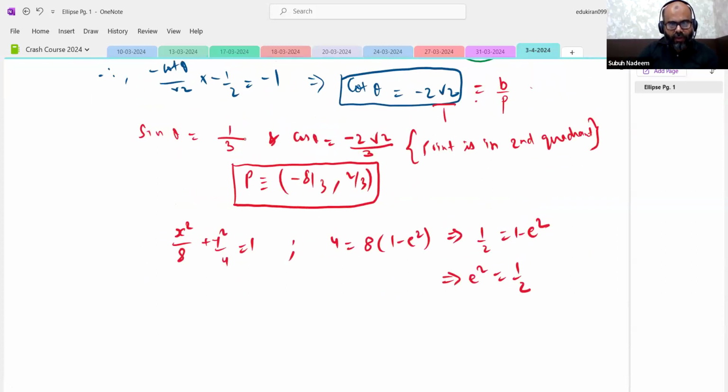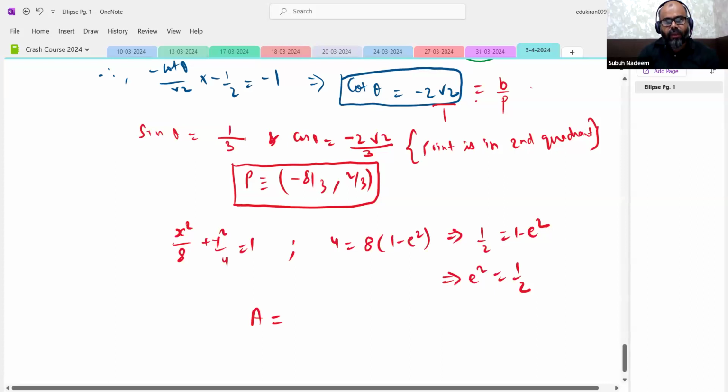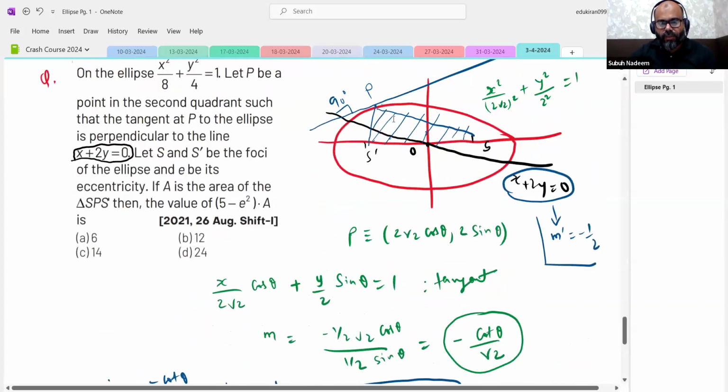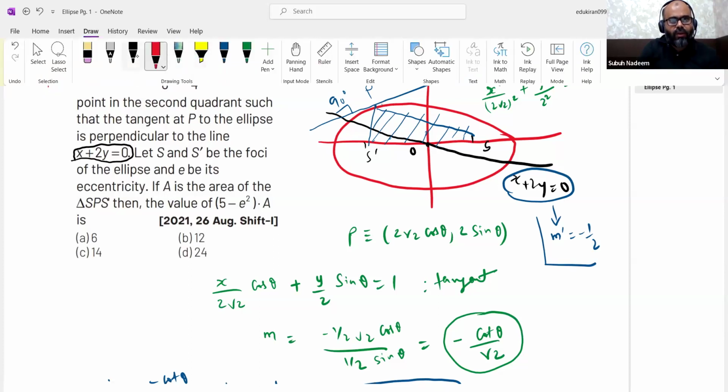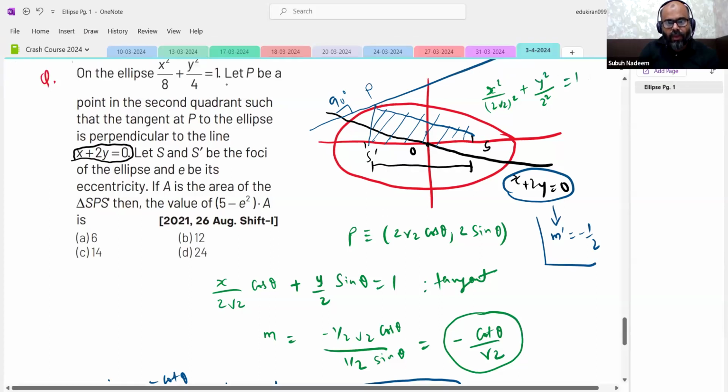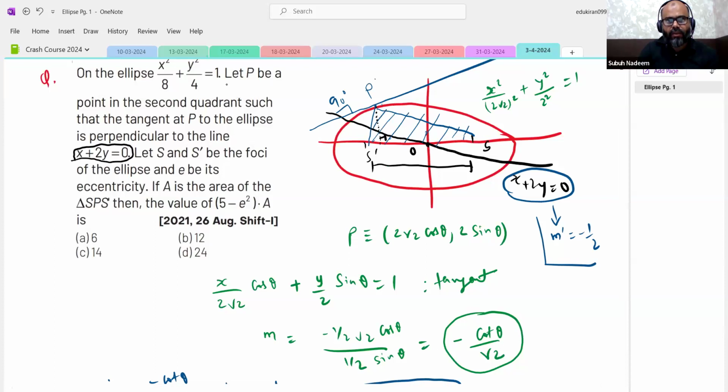So area of the triangle. Area of the triangle would be this triangle SPS dash. So half into base into height. Now the easy way to do this is, as you can see here, this SS dash is the base and the y coordinate of P is the height.